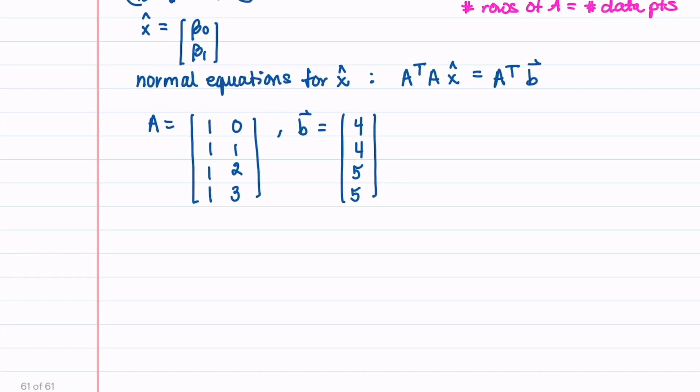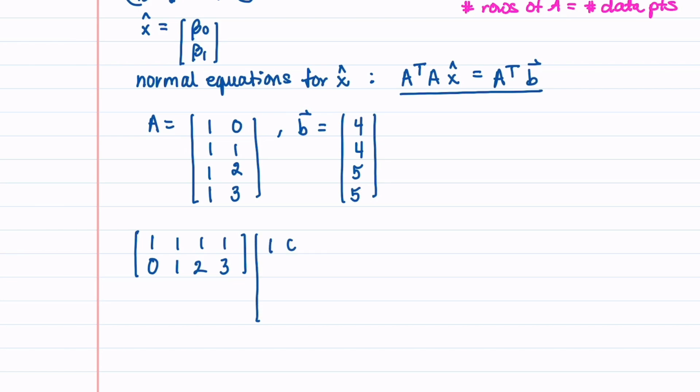What we have to do now is create these normal equations. We're going to start by taking A transpose. So the first row of A becomes the first column of A transpose. So that's 1, 0, then we have 1, 1, 1, 2, and 1, 3. So that's our A transpose.